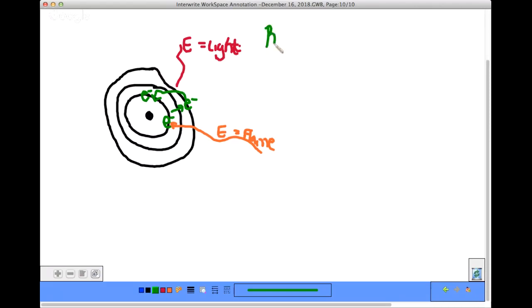So if we think of Roy G. Biv, red, orange, yellow, green, blue, indigo, violet, this one right here is low energy, and this one down here is high energy.